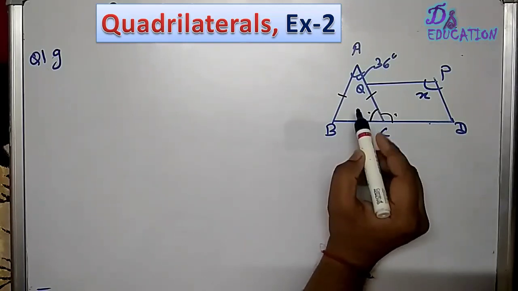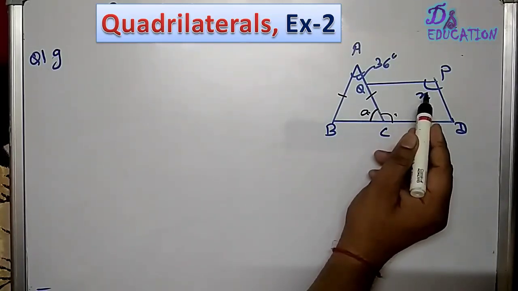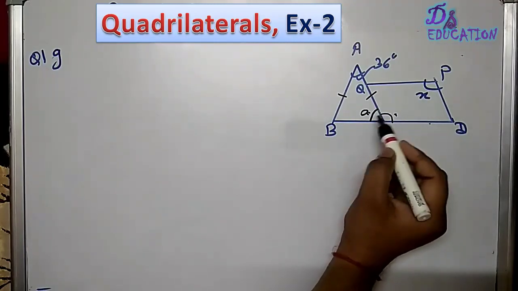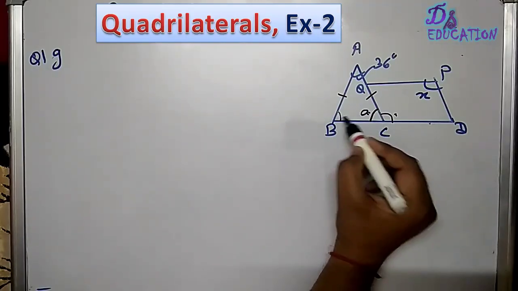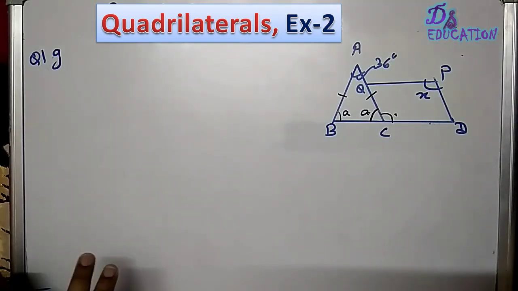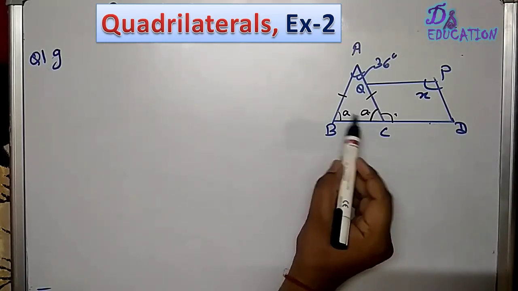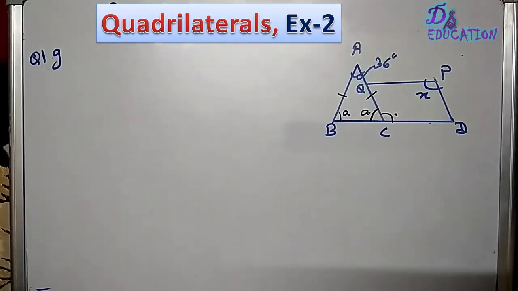So if we take this angle as X, X is already given, so we will not take X again, we will take A. If this angle is A, okay, and this angle will also become A. So I have taken angle ACB is equal to A and angle ABC is equal to A because angles opposite to equal sides are equal in a triangle. It is a property of an isosceles triangle.